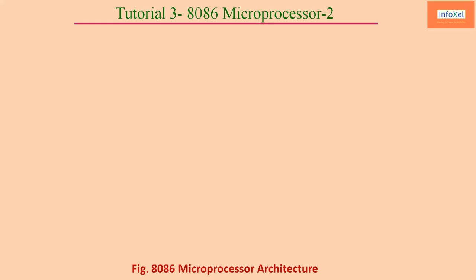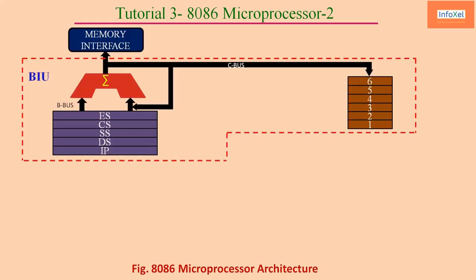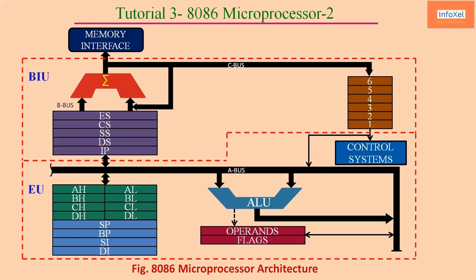Next we will see in detail the architecture of the 8086 microprocessor. Now we will see the block diagram of the 8086 architecture. First it has 2 units: the bus interface unit, BIU, and the execution unit, EU. We can see general purpose registers in green color: AH AL, BH BL, CH CL, DH DL.